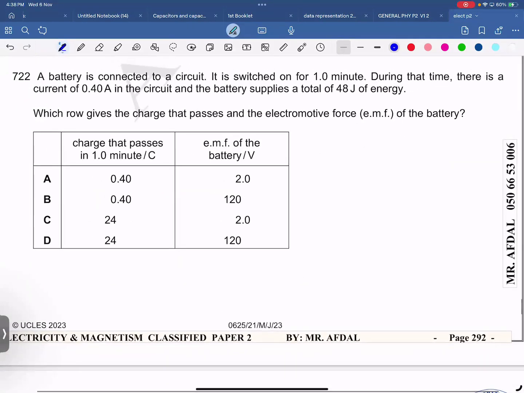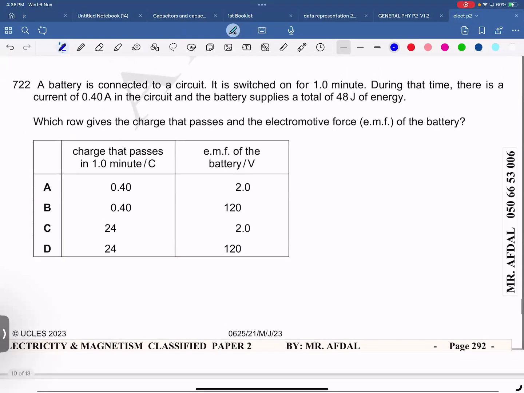A battery is connected to a circuit. It is switched on for 1 minute. Underline the data. 1 minute means time is 60 seconds. During this time, there is a current I equals 0.4 in the circuit, and the battery supplies 48 joules of energy.